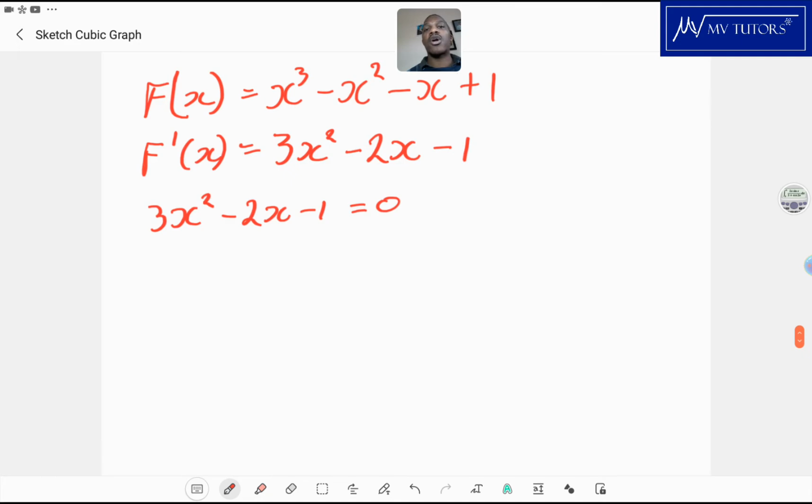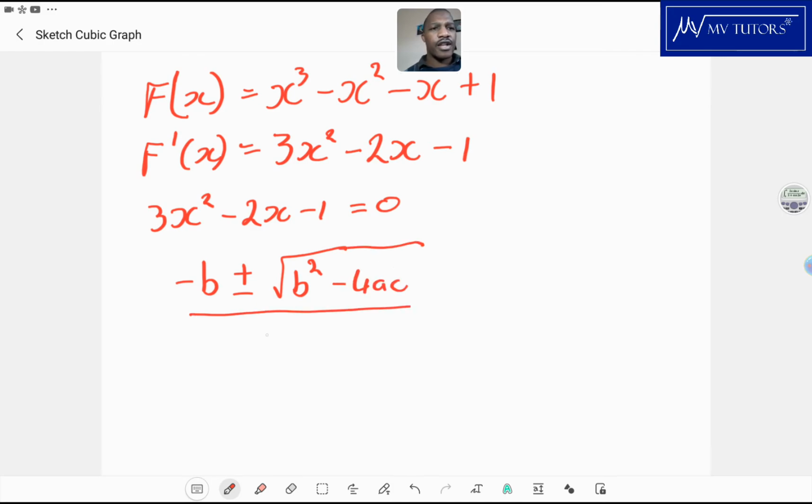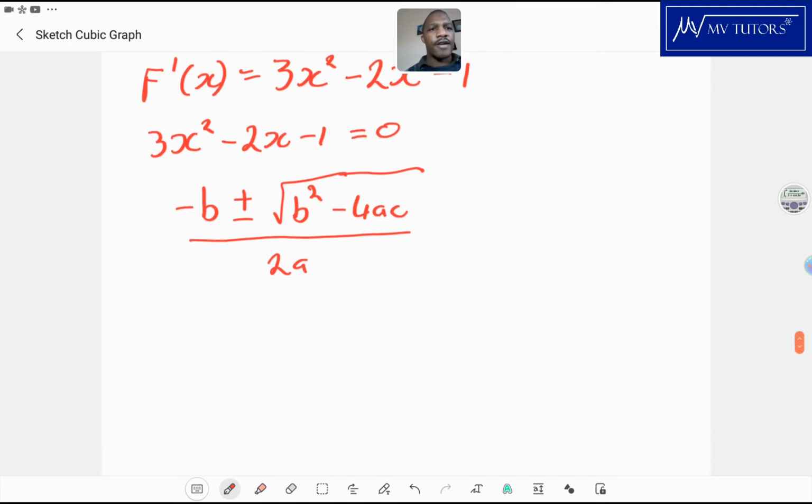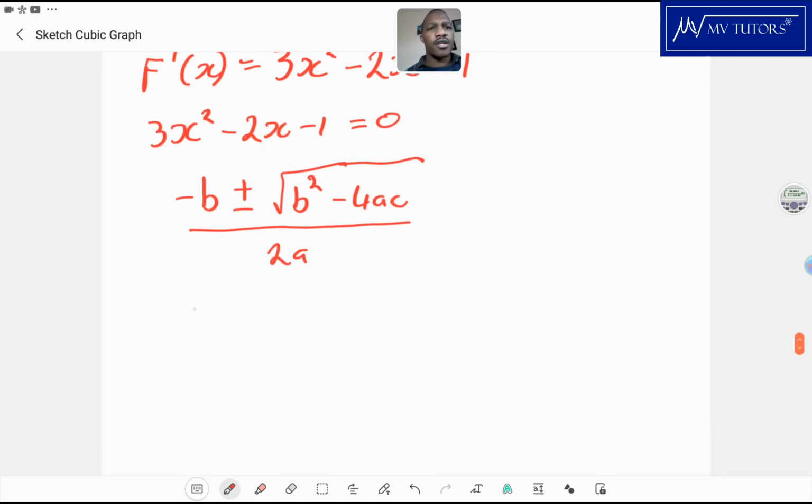Now I'm just going to go straight into the quadratic formula in order to solve this. If you remember it correctly, minus b plus or minus the square root of b squared minus 4ac, okay, divided by 2a. Okay, so here, what is our minus b? What's our b?